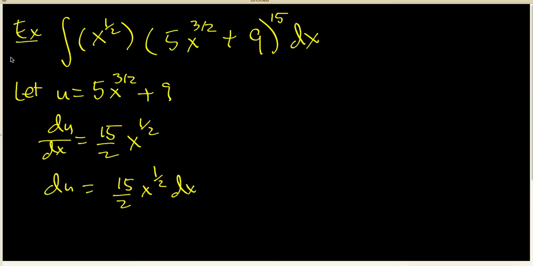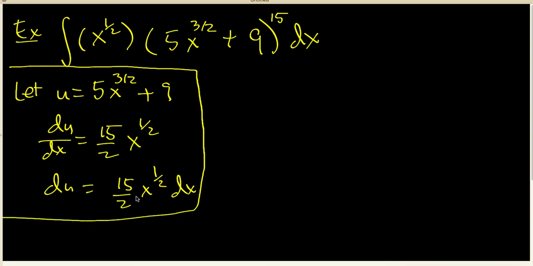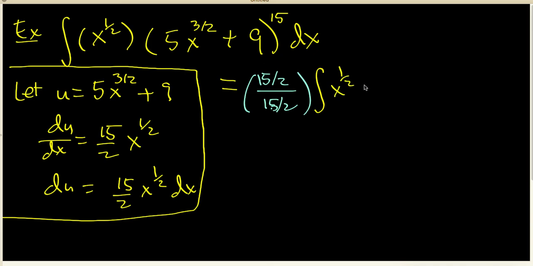Now the constant here is a little bit trickier than the previous constants because we've got a 15 halves that we need to get into the integral, but it's done in the same kind of way. This integral can be thought of as 15 halves divided by 15 halves times the integral, because 15 halves divided by 15 halves is just a fancy name for 1.